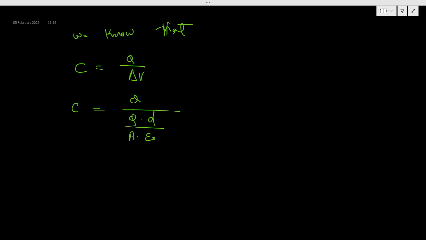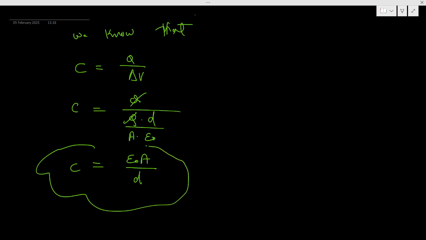Q and Q will cancel out. We got the final expression, epsilon naught A by D. So this is the formula of capacitance of the capacitor which has parallel plates.